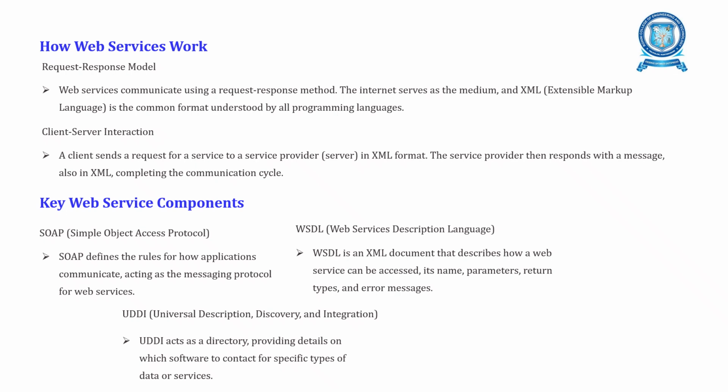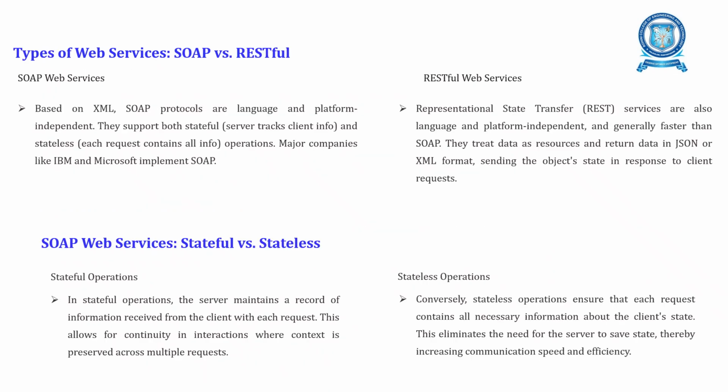Next is Web Services Description Language, an XML document that describes how a web service can be accessed, its name, parameters, return types, and error messages. Universal Description, Discovery, and Integration acts as a directory providing details on which software to contact for a specific type of data or services.